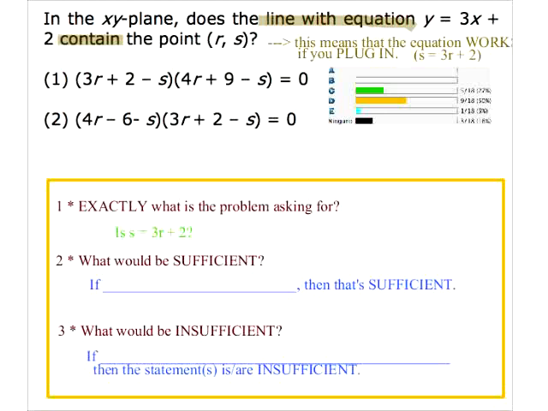Since this is a yes-no question, for all yes-no questions, there are two forms of sufficient. So let's fill those in. Somebody help me out here. What's sufficient?